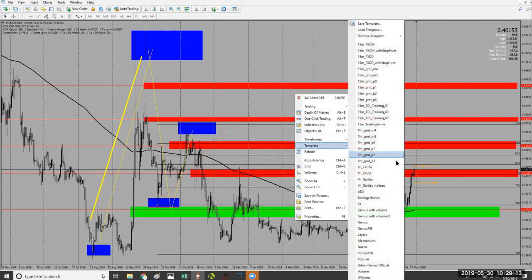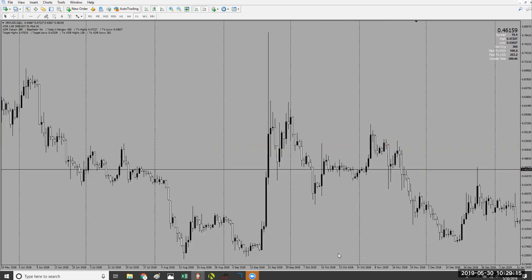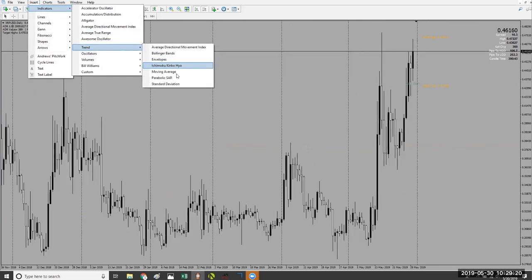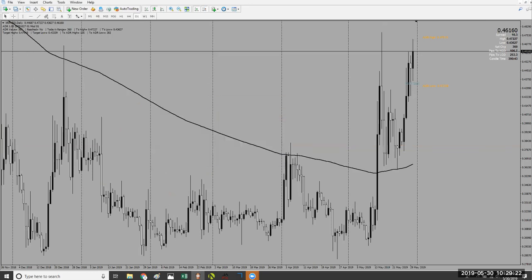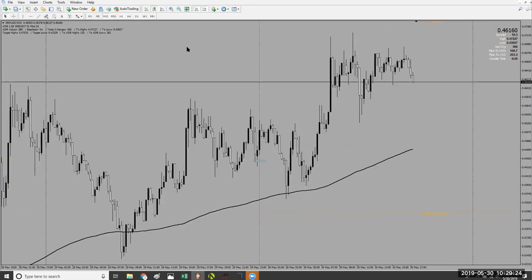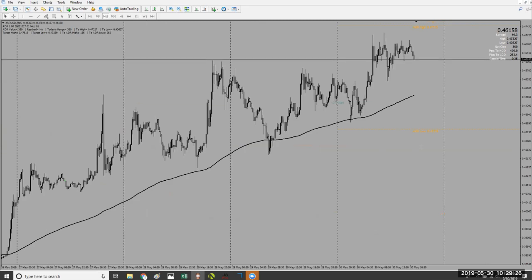So fast forward all the way to where we are now. Using the 15-minute chart for entry, I'm going to go ahead and draw this harmonic out.